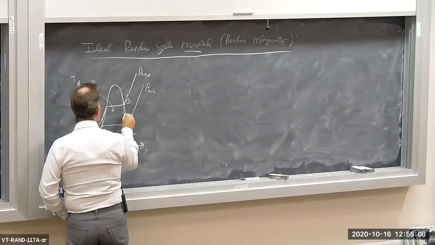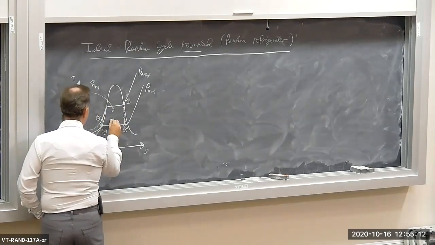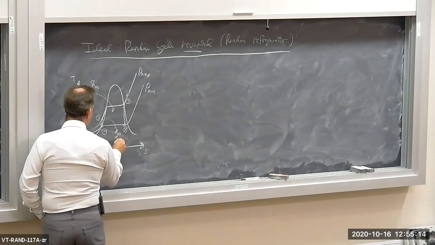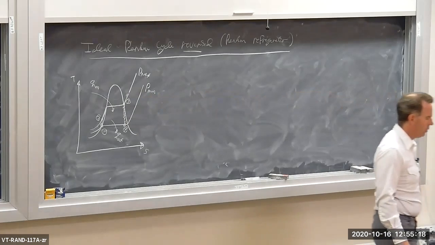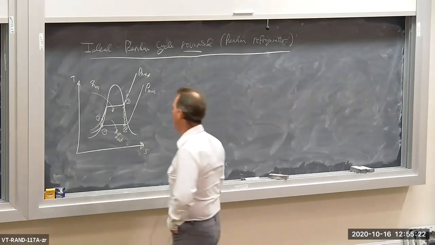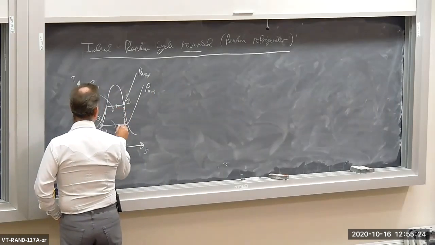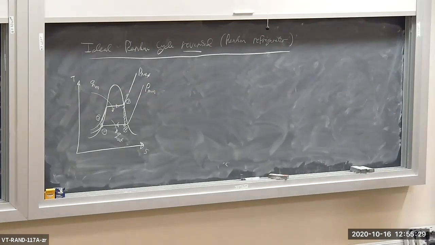So there's no heat transfer going on here and no heat transfer going on in the pump. And then we reject the waste heat in the condenser. So Q out occurs from 4 to 1. Okay? And the cycle, of course, moves in the clockwise direction. Okay? So this is the ideal Rankine cycle.